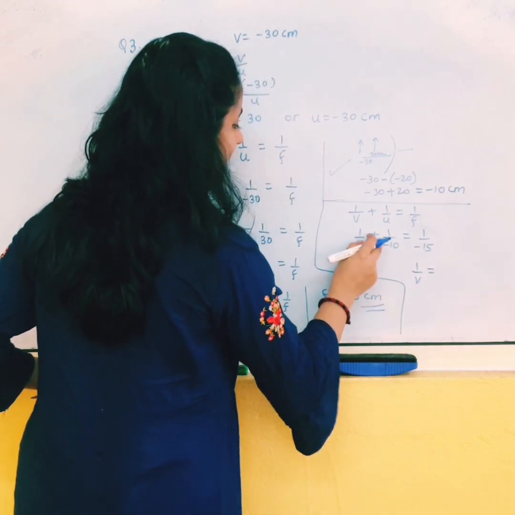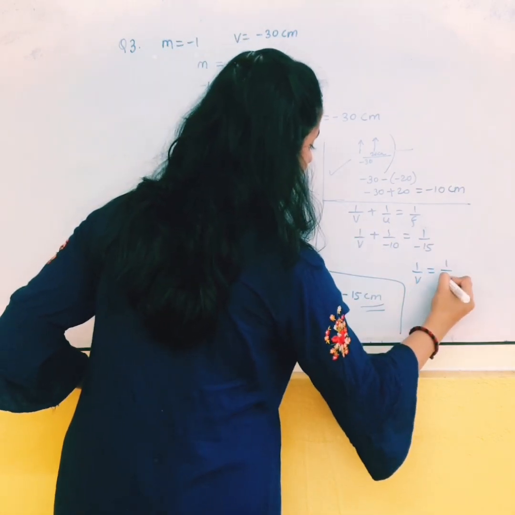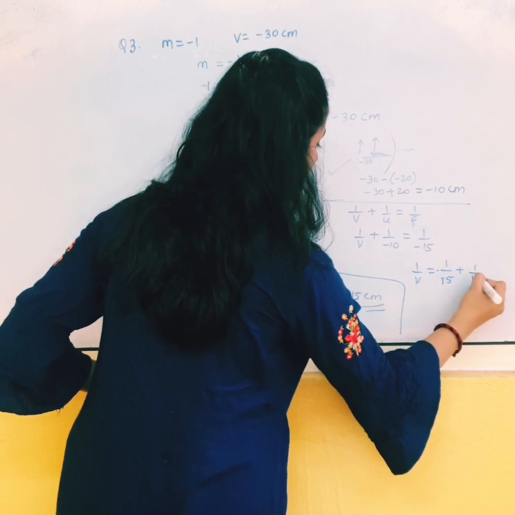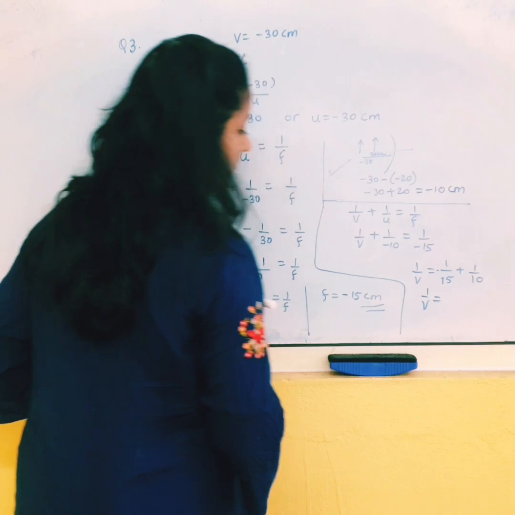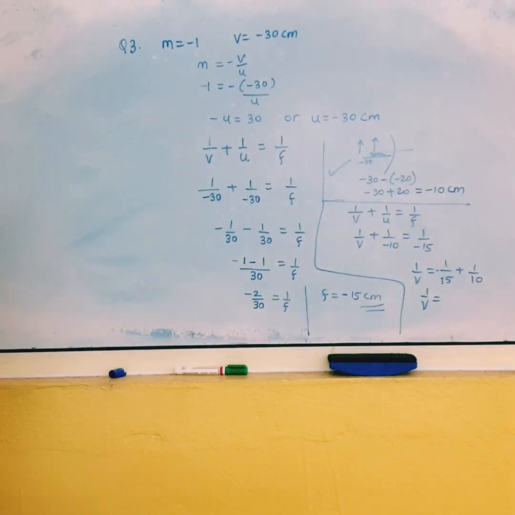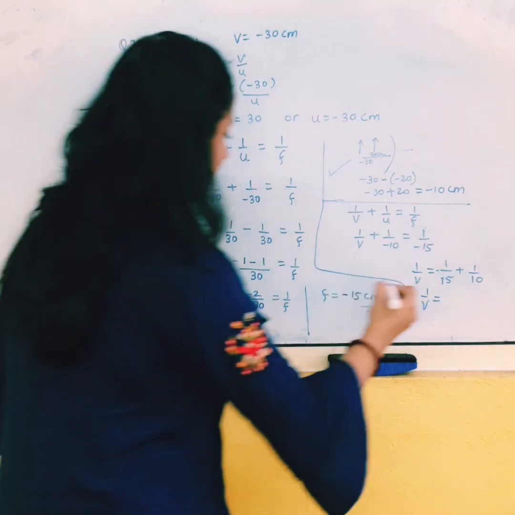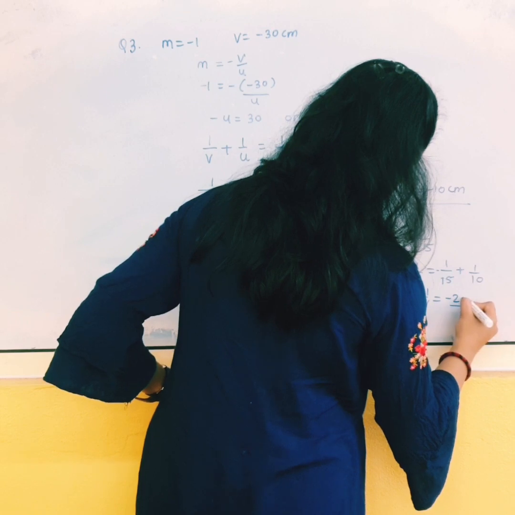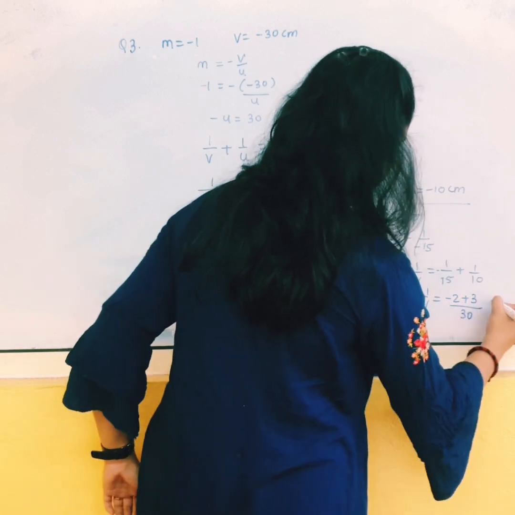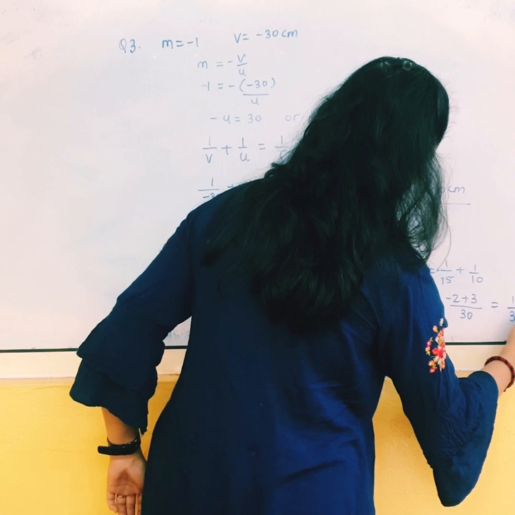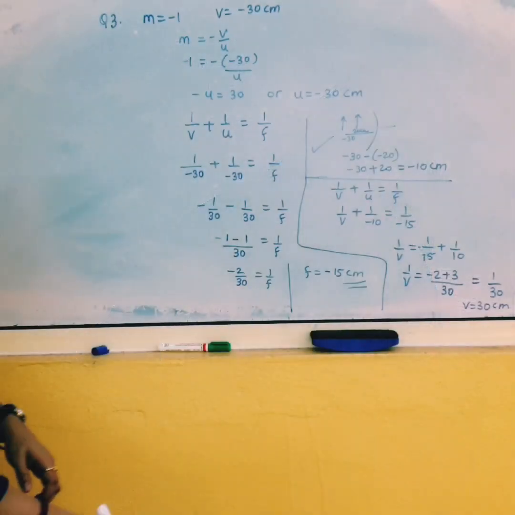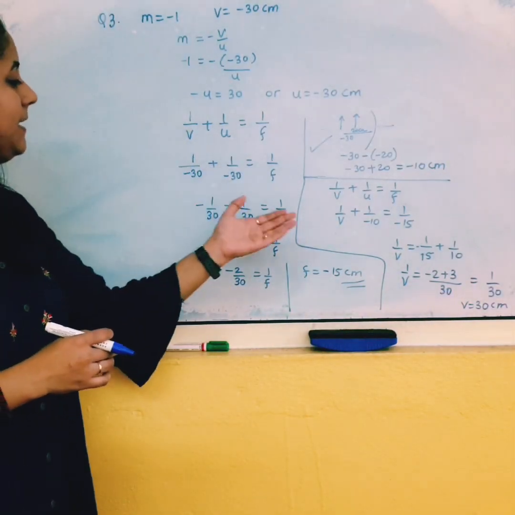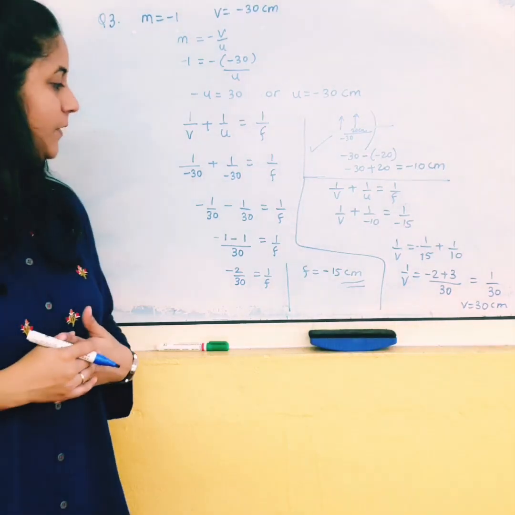See, this will get multiplied here, so it will be -1/10, which if you take the other side, it will be positive. So again here you need to find the LCM. Okay, so as the image is 30 centimeter, which is positive, you can say that the image is virtual and erect. Okay, so that's your answer.